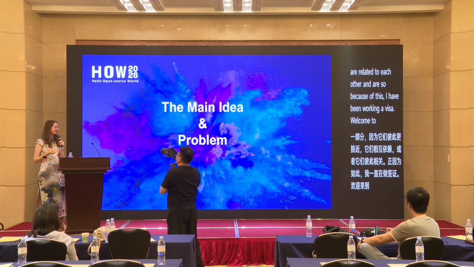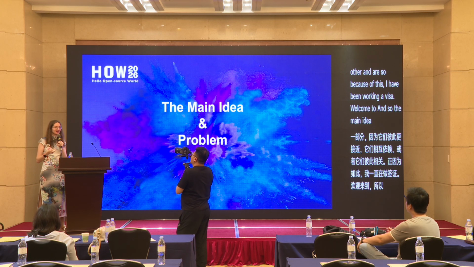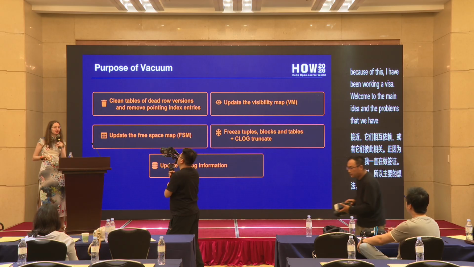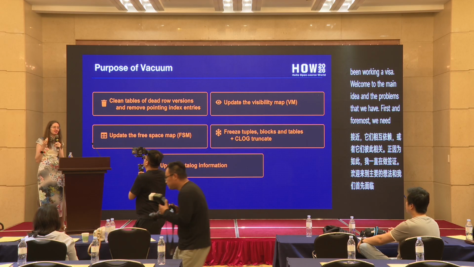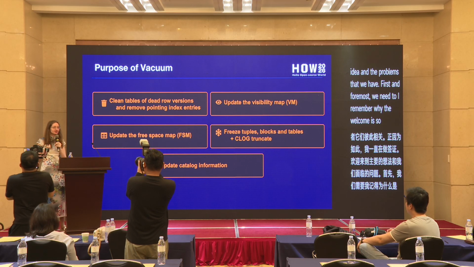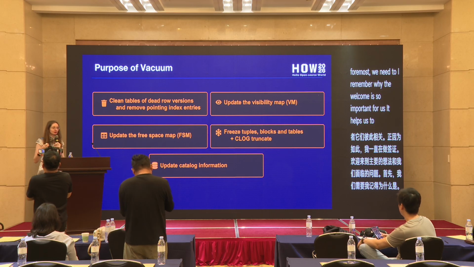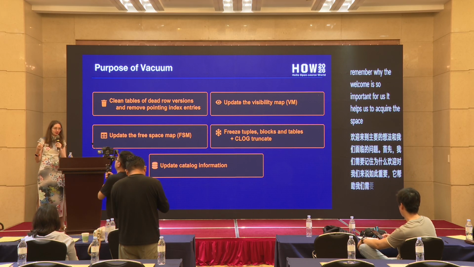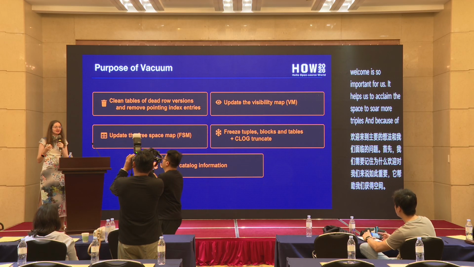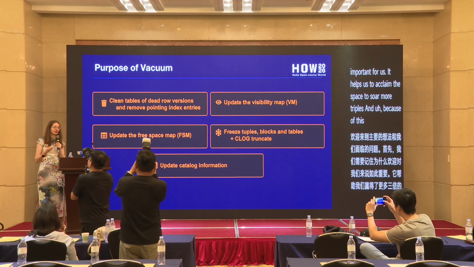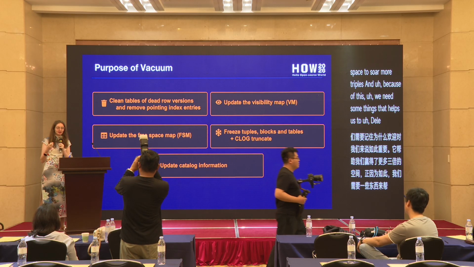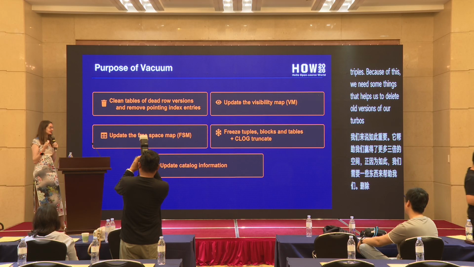And so the main idea and the problems that we have. First and foremost, we need to remember why the vacuum is so important for us. It helps us to reclaim the space, to store more tuples. And because of this, we need something that helps us to delete old versions of our tuples.